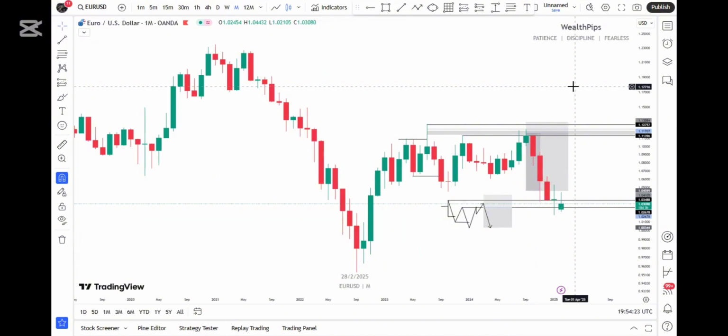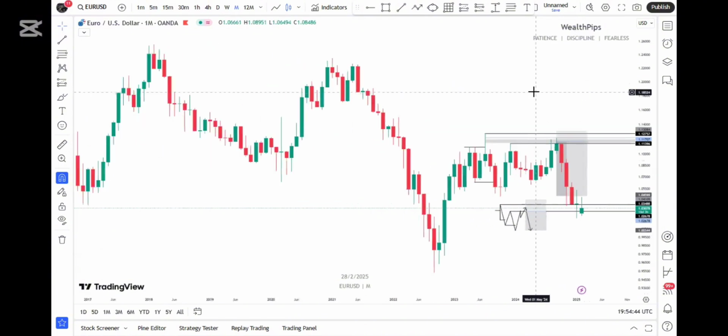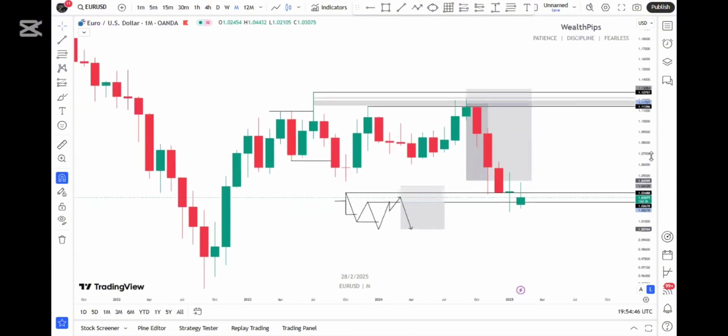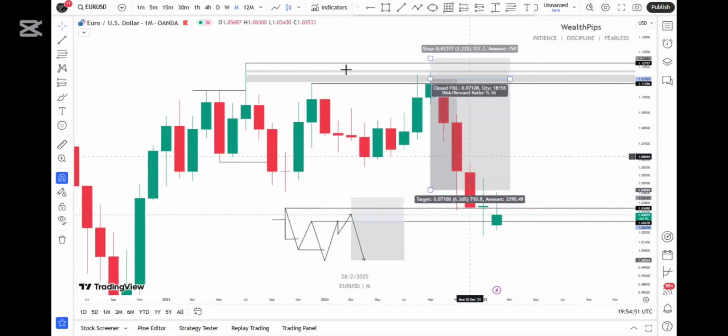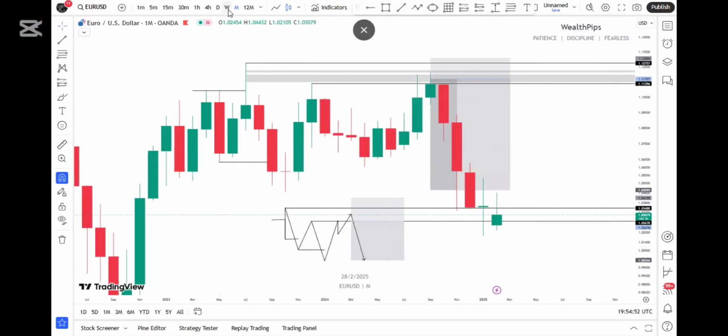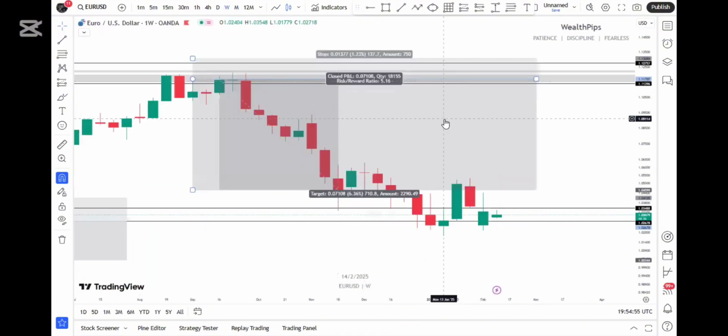You can do your analysis on your higher time frame and know the direction of the market there. But after knowing all these things, you need to go back to your lower time frame to execute a trade, not on the higher time frame.